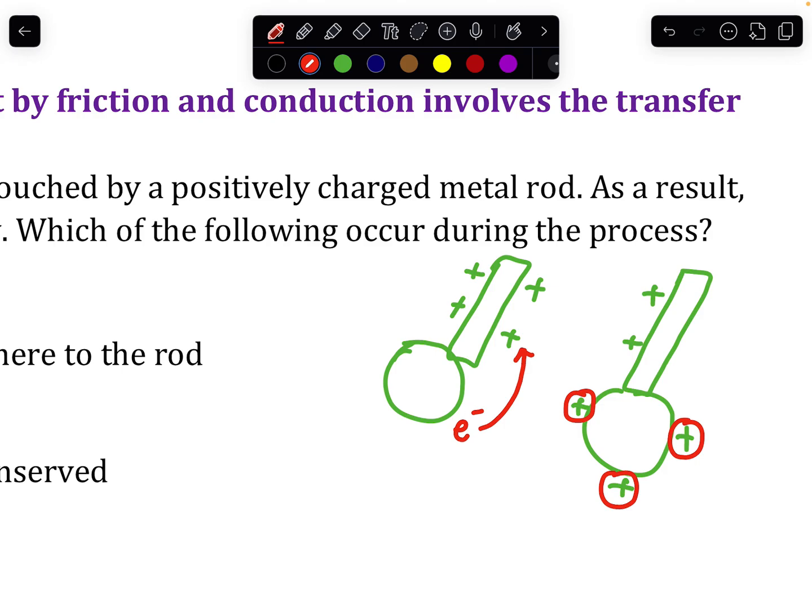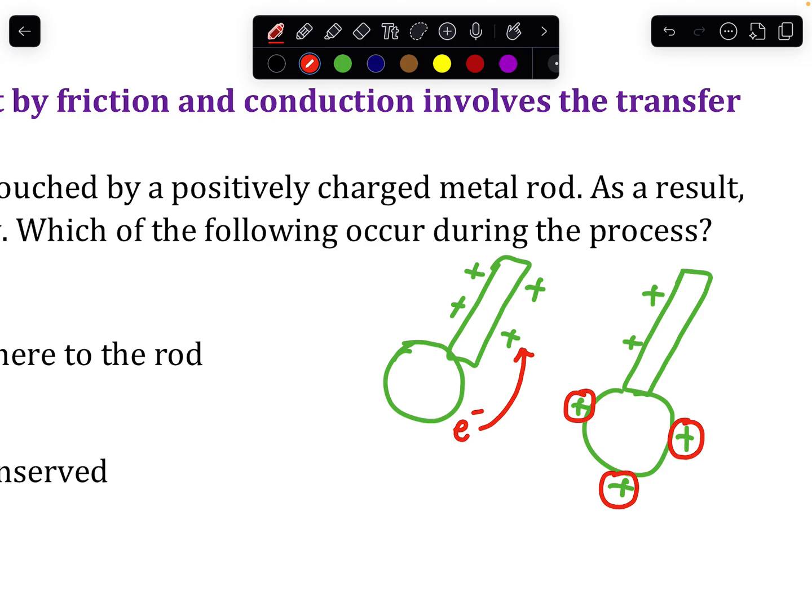So electrons were transferred from the neutral sphere to the positive rod. The positive rod does not become negative because it is too much charged by positive charges.